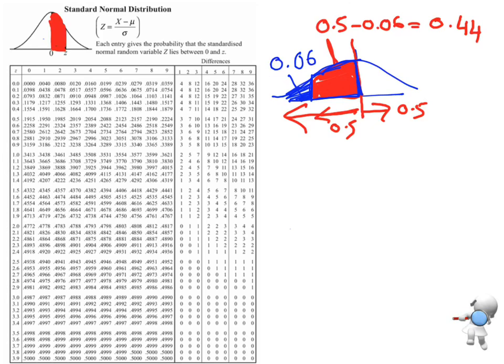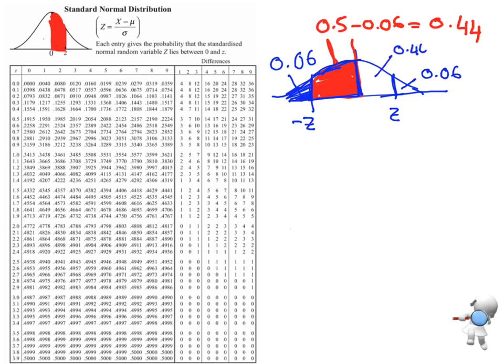I know that that is also going to have a negative Z value. Let me just rub that out a little bit because I don't want to get too much on this diagram. Because it's symmetric, it's equivalent on this side to a Z value where that area is 0.06 and this area is 0.44. Because I've got a mean of 0, these Z values are opposite.